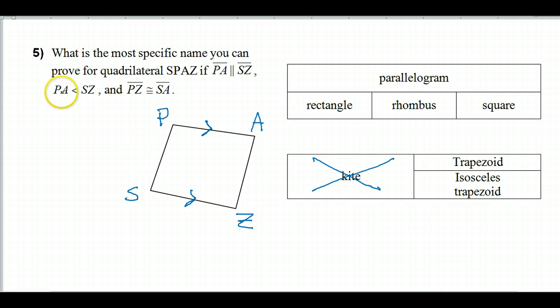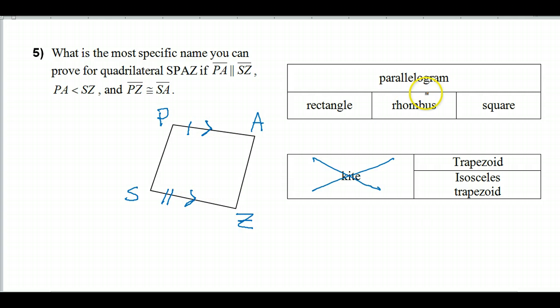PA is less than SZ. Interesting. So we're talking about these bases. PA is one length, I'll go ahead and put a single mark on it. SZ is another length, a bigger length, so I'll put a double mark on that. So these two opposite sides are not congruent.